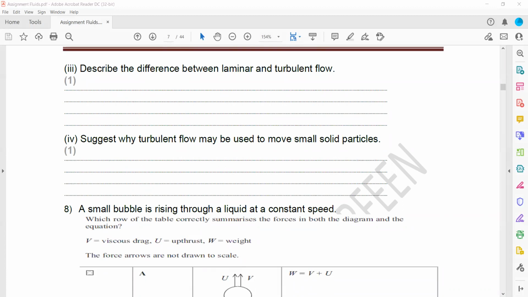What is the difference between laminar flow and turbulent flow? In a laminar flow, the particles move in a certain section at a constant speed. They do not move abruptly. No eddies are there.